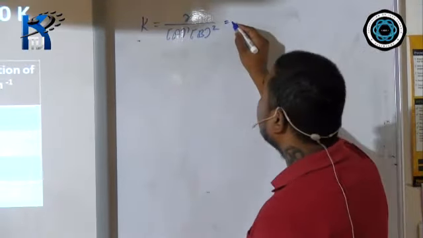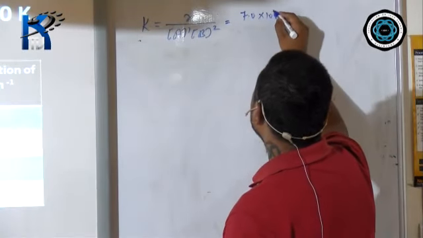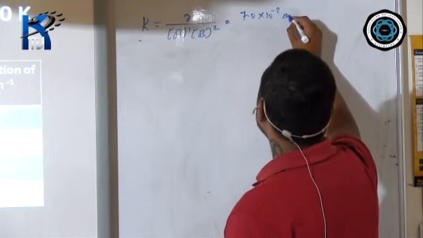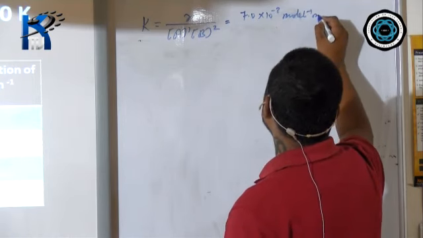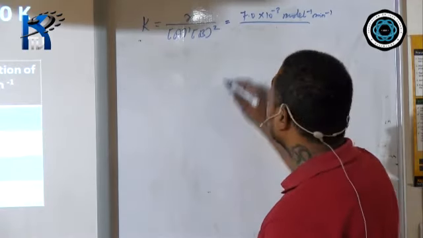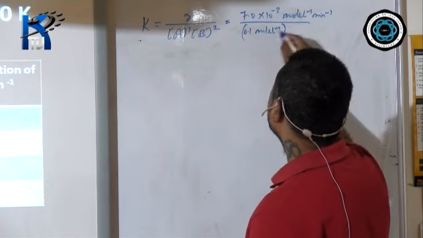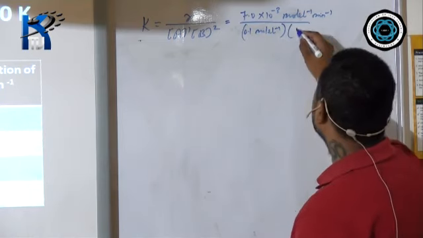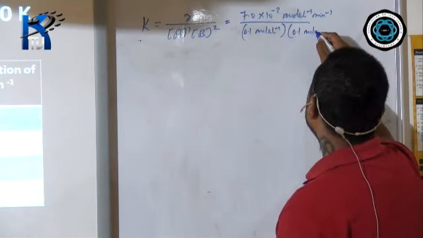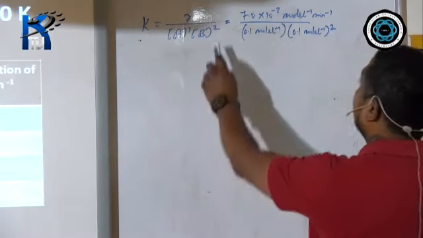Now, what is the value of r for the first experiment? 7.0 into 10 to the power minus 3, and the unit of this is given as mole liter inverse minute inverse, divided by concentration of A, which is given 0.1 mole liter inverse, and that of B is given 0.1 mole liter inverse whole square, because square is there.